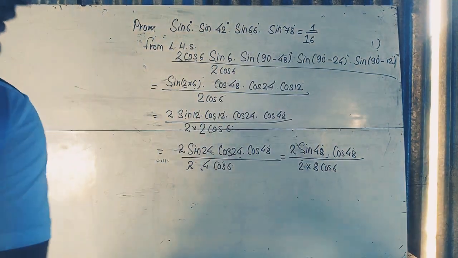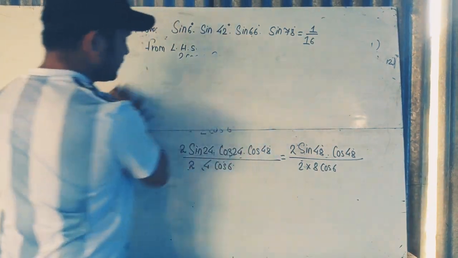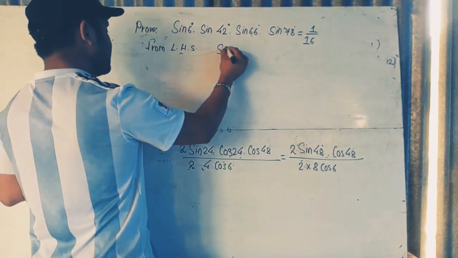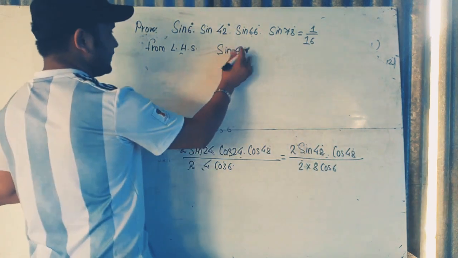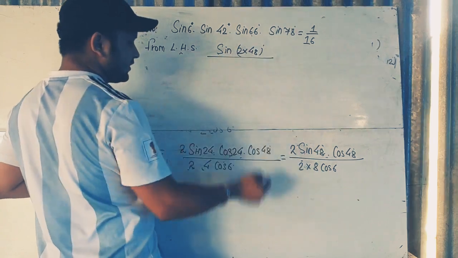Now let me come here. So far we are here: 2 sin 48 cos 48 gives you sin 96. This is by using formula 2 sin a cos a is sin 2a.